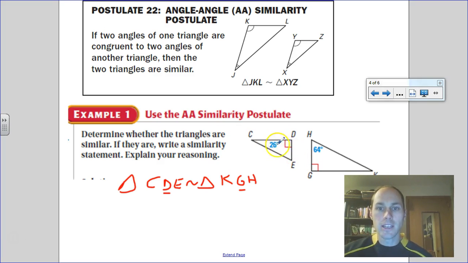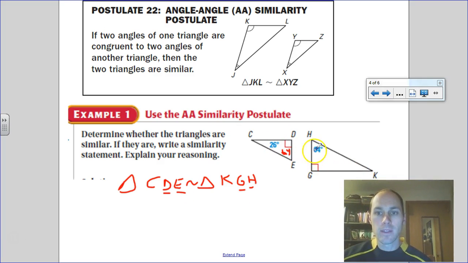Well, I know this is 90, so I only have 90 degrees left in the triangle. 90 minus 26 happens to be 64. And that's the same as angle H. So E and H are the same. Angle C is 26. What's angle K? Well, this is 90, so that leaves me with 90. So 90 minus 64 gives me 26.